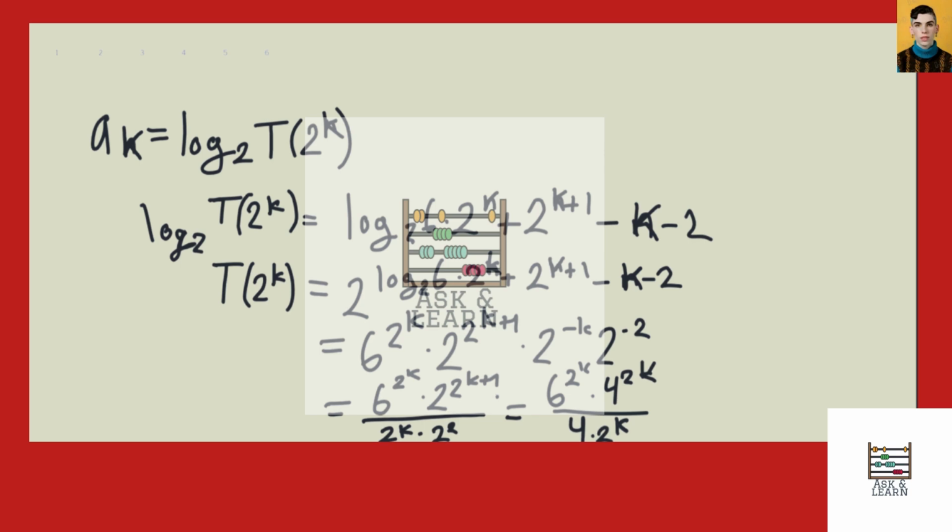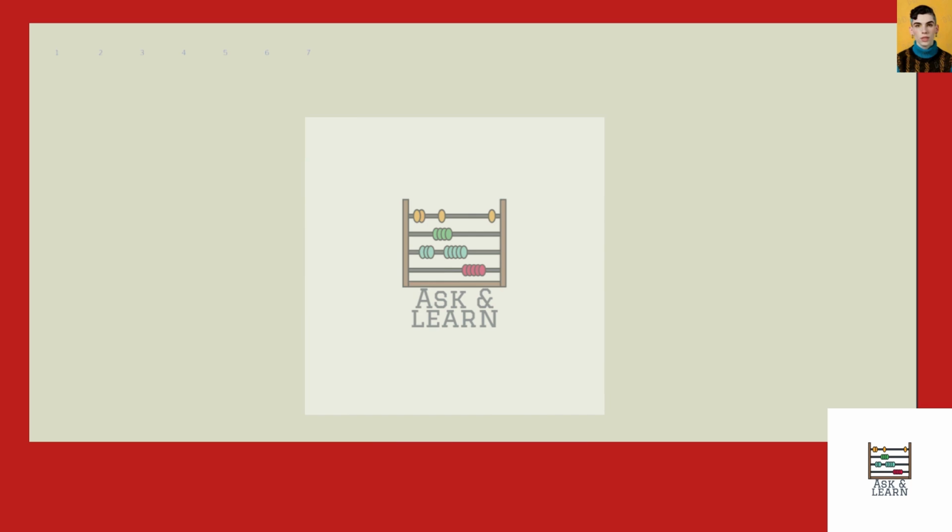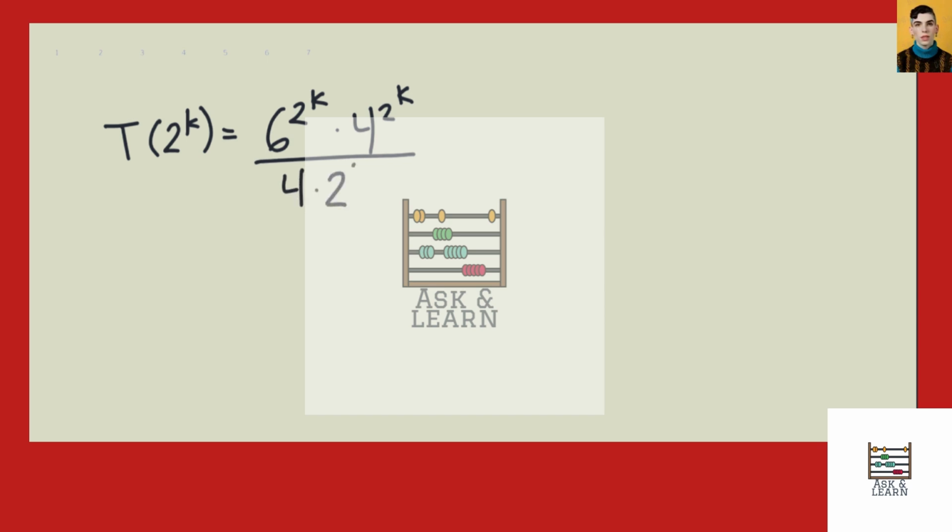Looks like up here I forgot a 2 to the power of 2. So it's definitely messy. So at the moment we have t of 2 to the power of k being equal to 6 to the power of 2 to the power of k times 4 to the power of 2 to the power of k over 4 times 2 to the power of k.